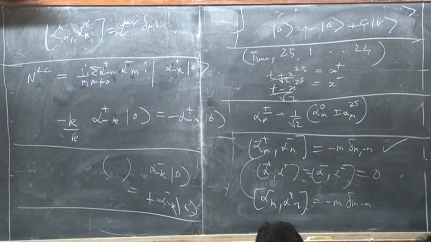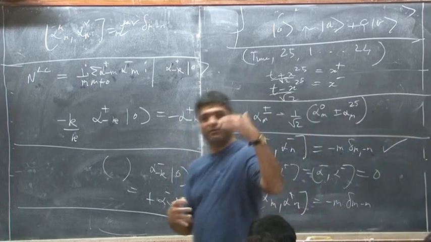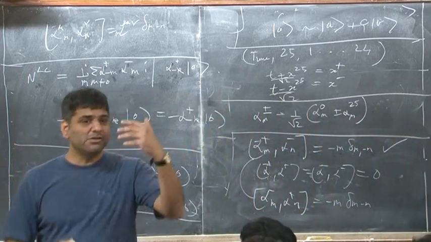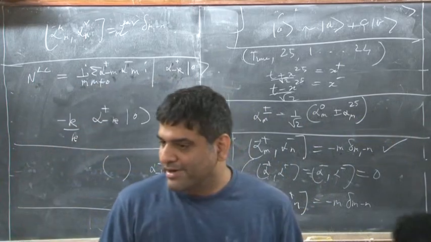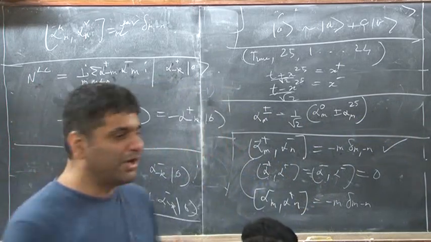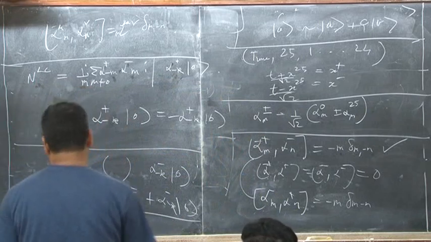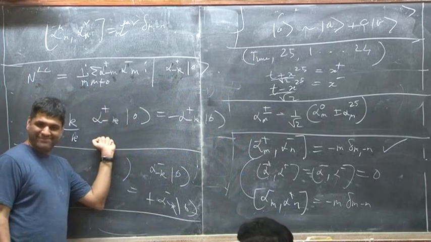What about the part that comes from C times L? L itself is Lorentz invariant. So L0 itself has an alpha plus with an alpha minus. The only way we can get a non-zero charge is if one of the alphas was alpha 0, because the charge of alpha 0 is not counted by this operator.